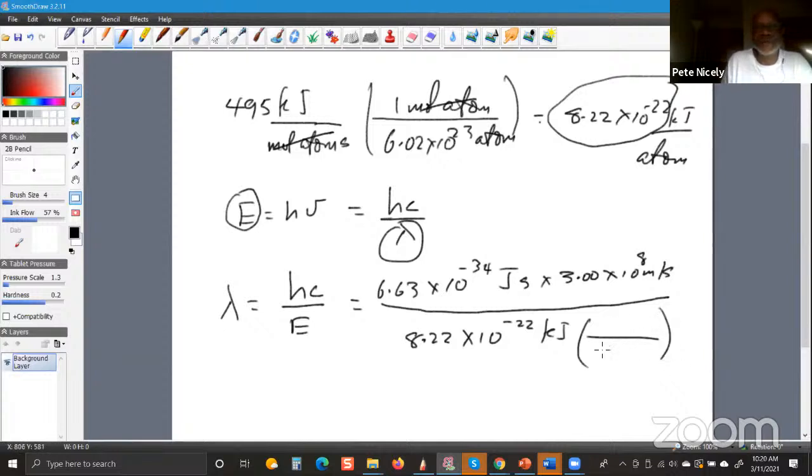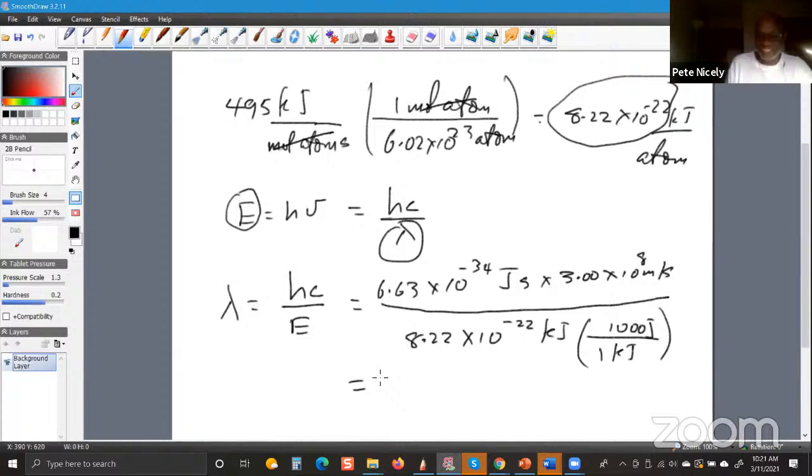So we're going to have here 1 kilojoule down here and 1000 joules above. And that's basically the setup. All we have to do is calculate 6.63 times 10 to the minus 34 times 3 times 10 to the 8 divided by 8.22 times 10 to the minus 22, multiplied by 1000.